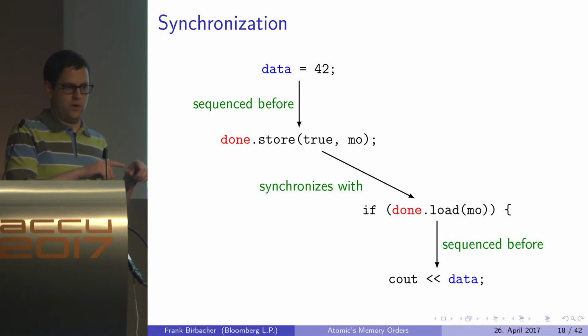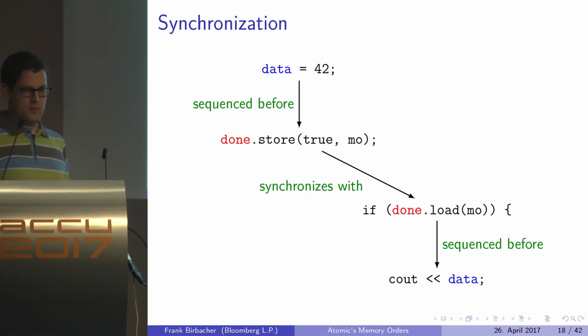So sequenced-before will not mean the optimizer cannot rearrange these things, but the atomic will mean the optimizer cannot go beyond this point, right? I'm going to cover this in a few slides, actually, but I know this is part of the confusion: what does it do? Why doesn't it apply to all these things?